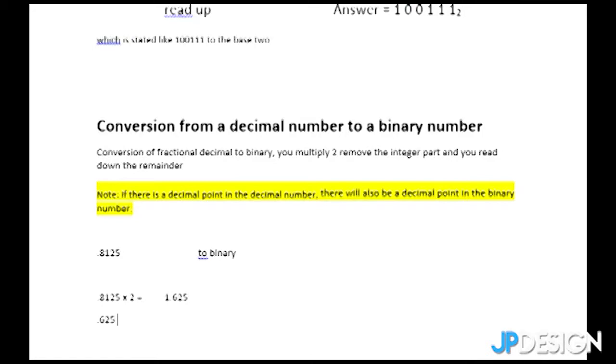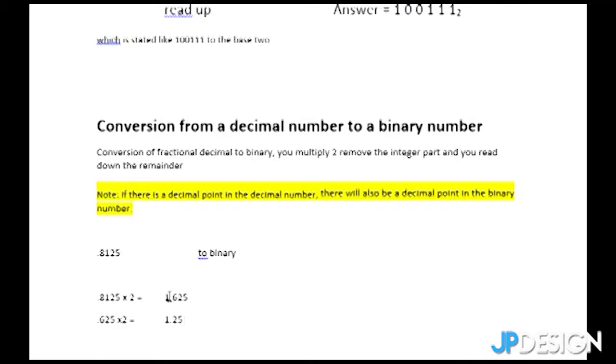So we take 0.625 and multiply this by 2, and we get an answer of 1.25. Again, we take the fractional part of that and leave the integer part where it is.